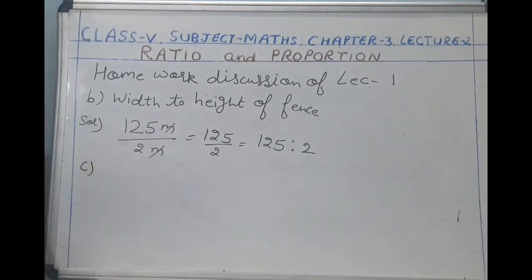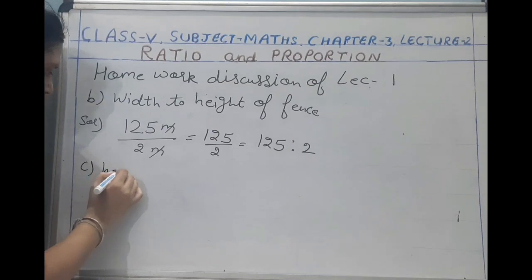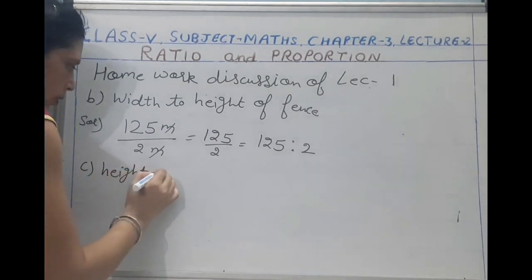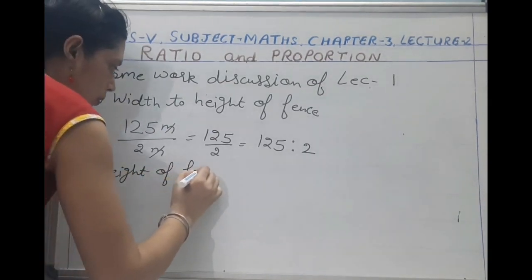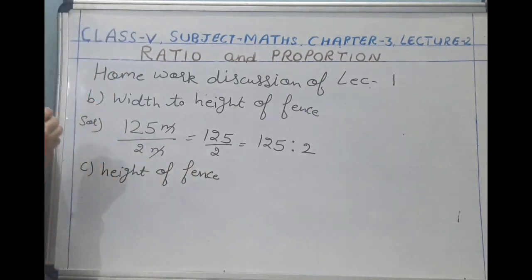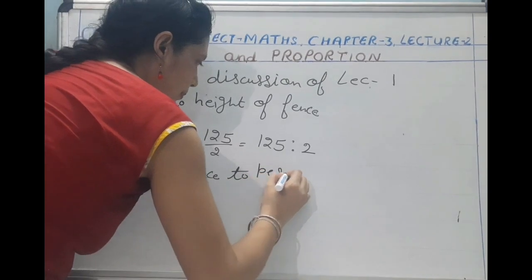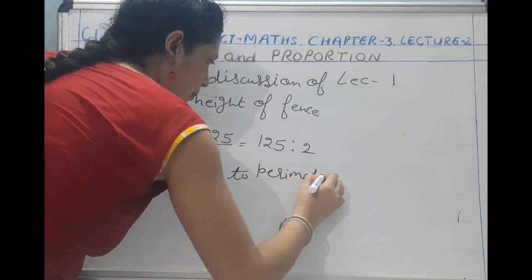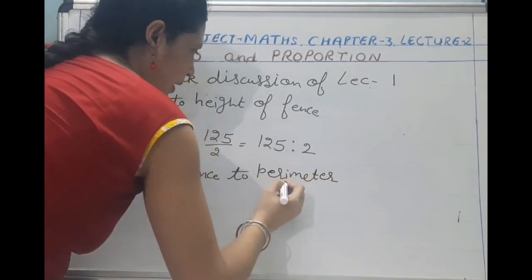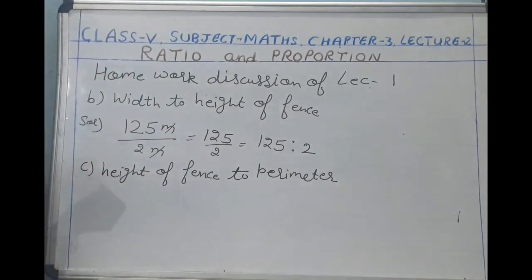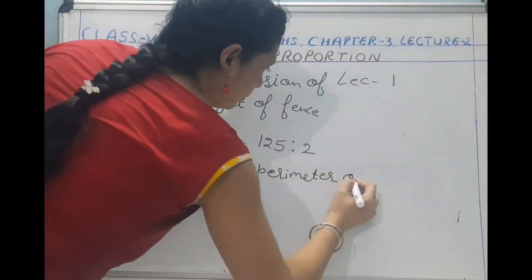C part, height of fence to perimeter. Height of fence to perimeter of the park.